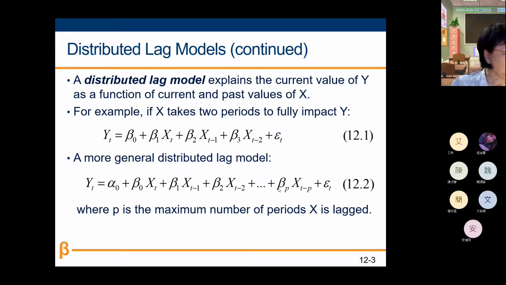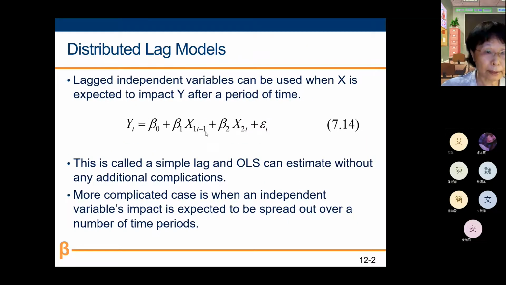If you want to turn to your book, it is on page 383 in chapter 12. A model like this is called a simple lag because it has just one lag.